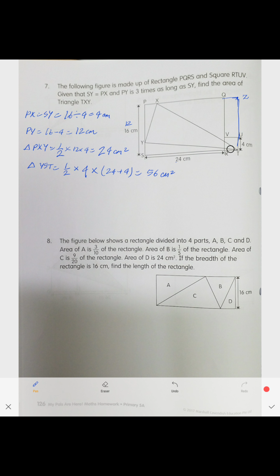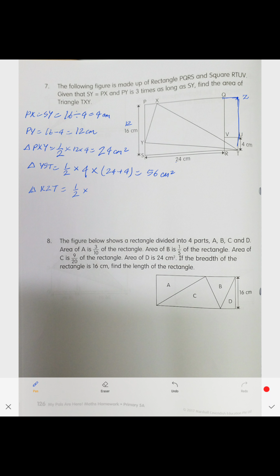Good. So we just got our second triangle, right? And the last one, as I said, we are building these two rectangles. We put this Z here, right? And we just calculate triangle XZT. Okay, and it's 1/2, and then what are the sides, right?